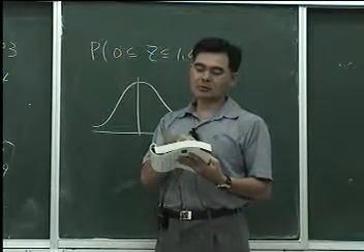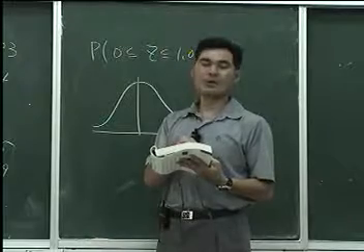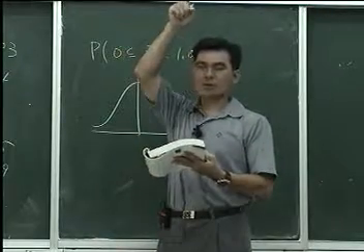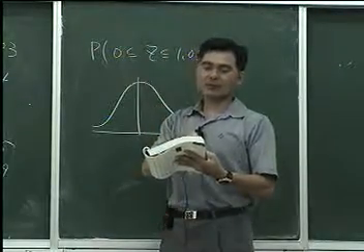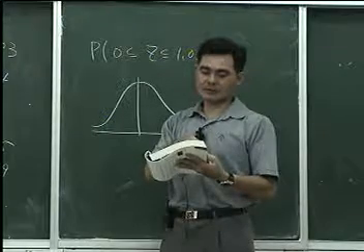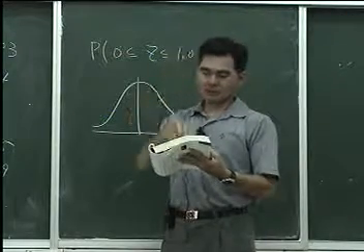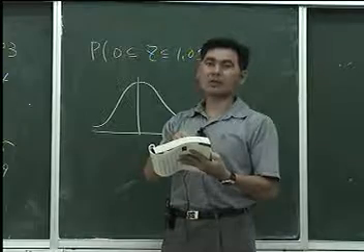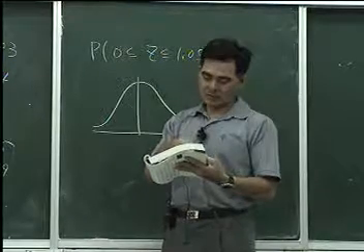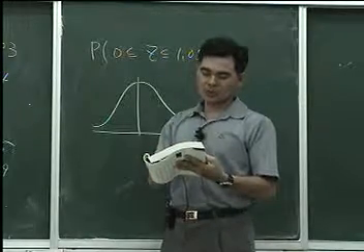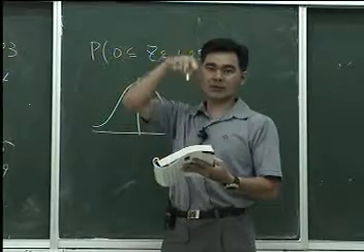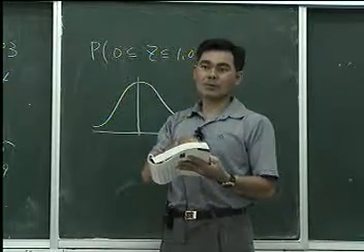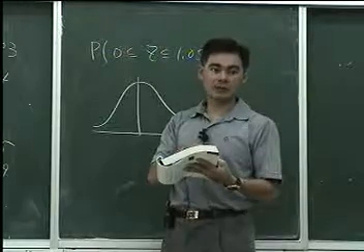Because you are interested in 1.96, you look at the first column. The first number is 0.0, the second number 0.1. But in this case you are interested in 1.96, so you get 1.96 from the first column.